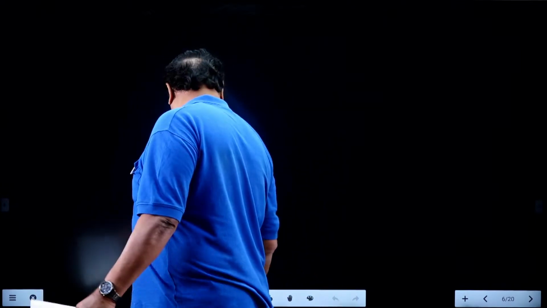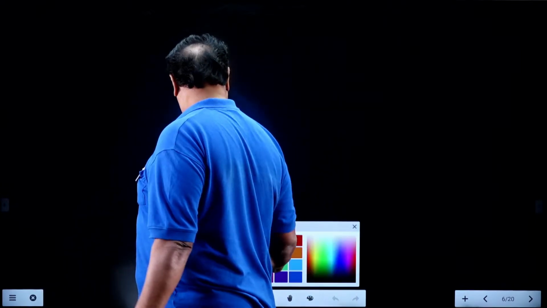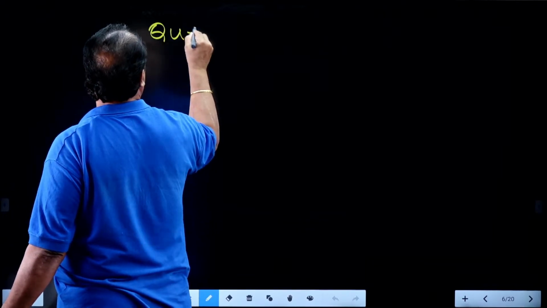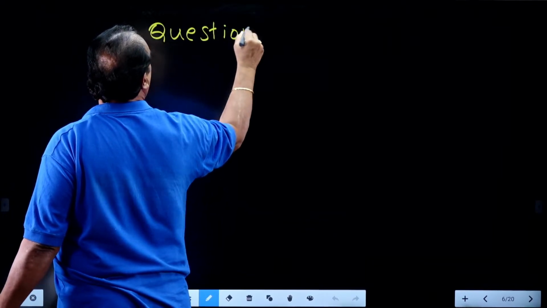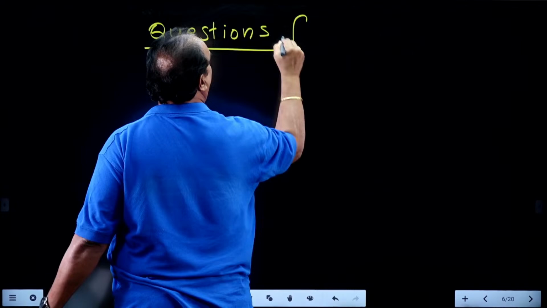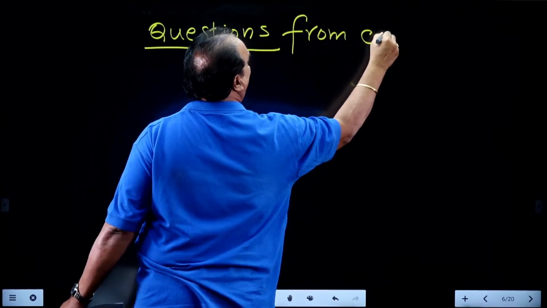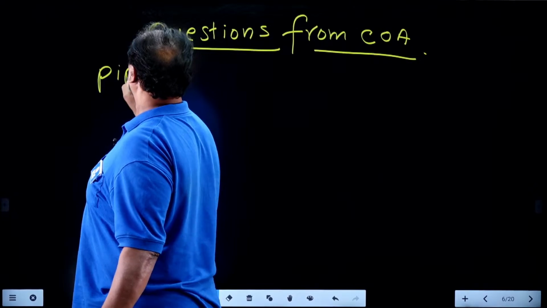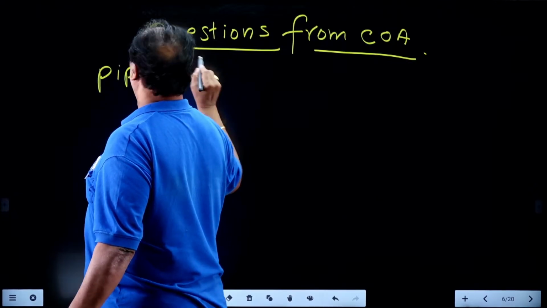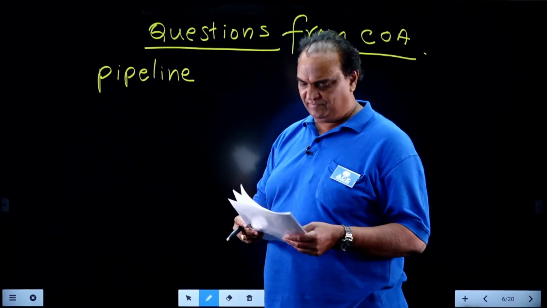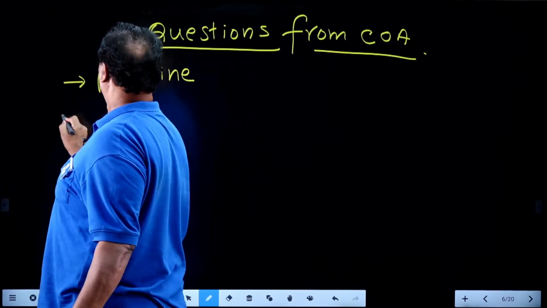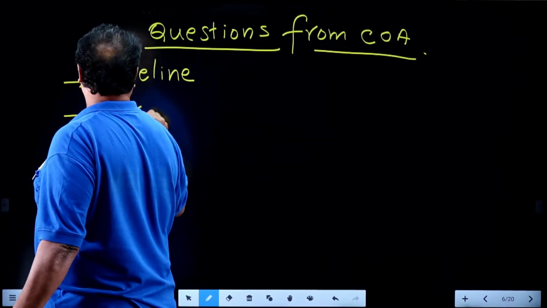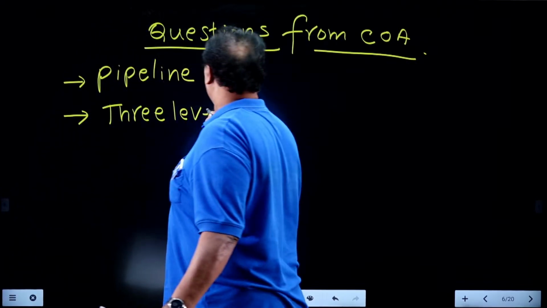In this, one question is from pipeline. It is the easiest question. Next, the second question is on 3-level memory hierarchy. It is also an easy question.